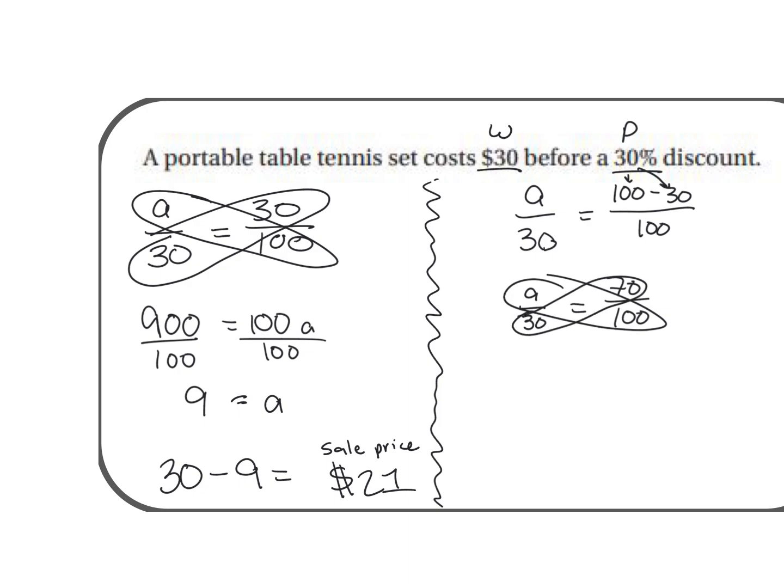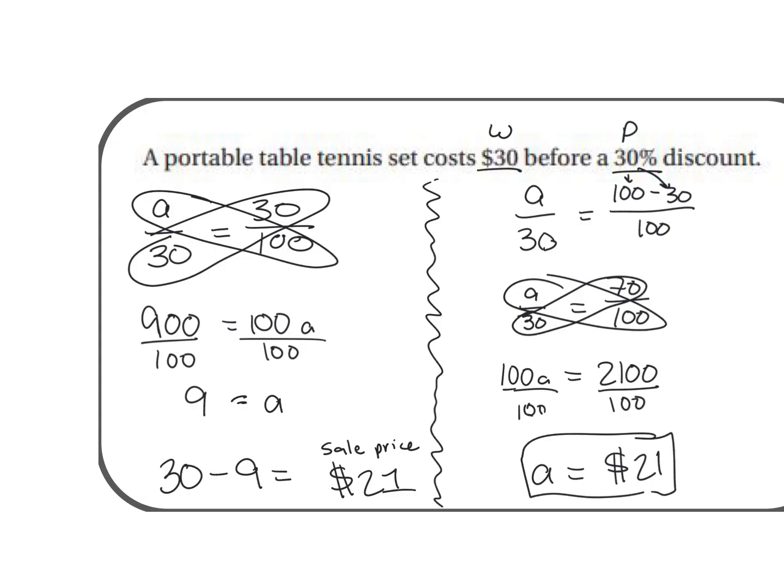Cross multiply, 100A is equal to 2,100. Dividing by 100 gives us an A value of $21. Okay. So again, both methods shown out again. One way we subtract at the end. One way we subtract our percents right away. And then I can go through as normal.